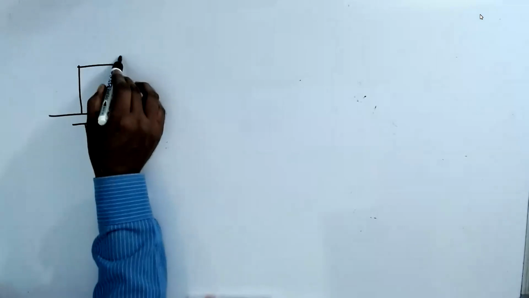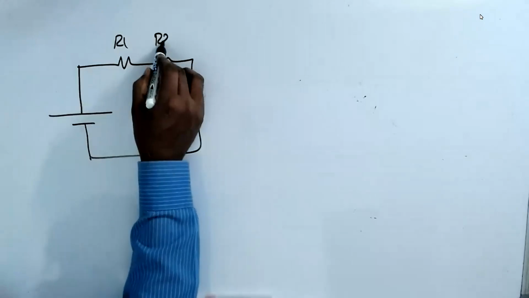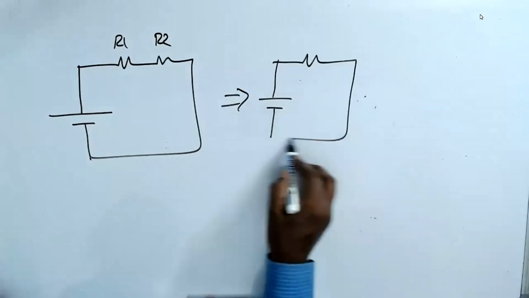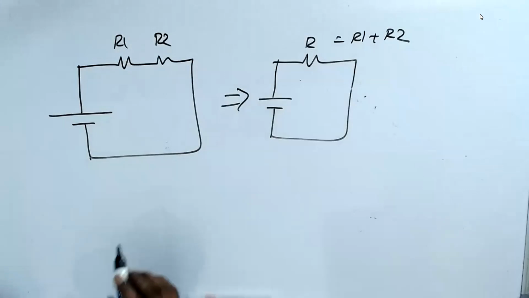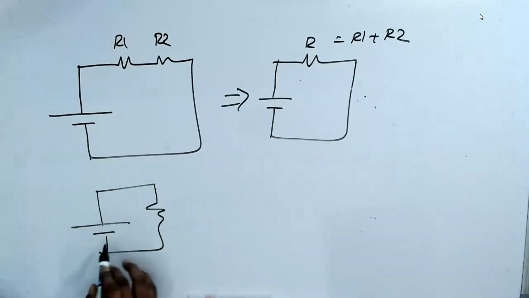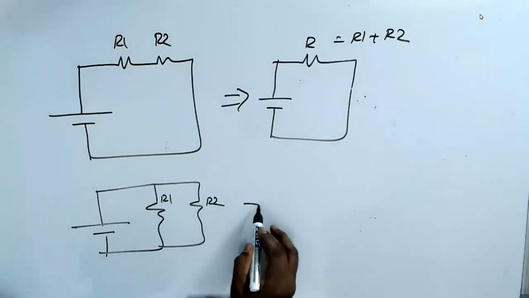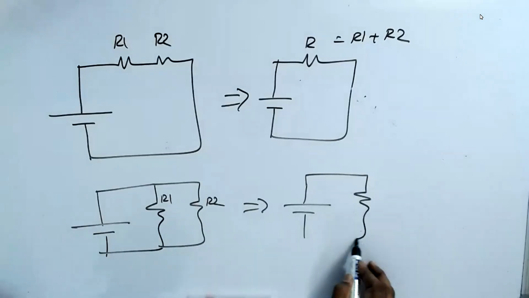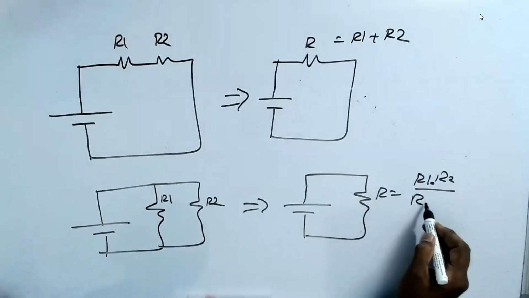So please understand, if I connect two resistors in series, R1 and R2, the equivalent R is equal to R1 plus R2. Same way, if you connect two resistors in parallel, R1 and R2, R is equal to R1 R2 by R1 plus R2.